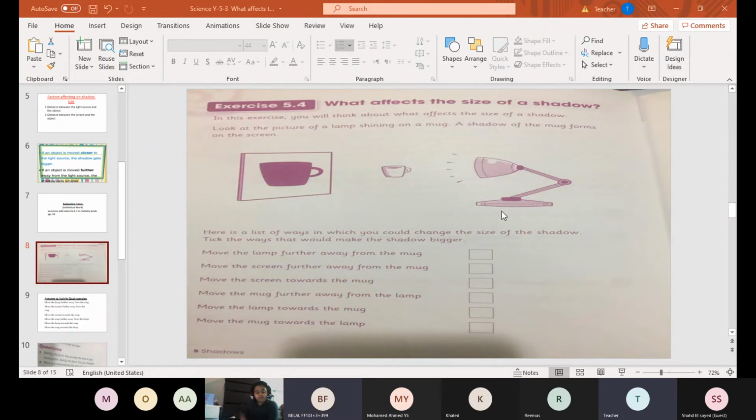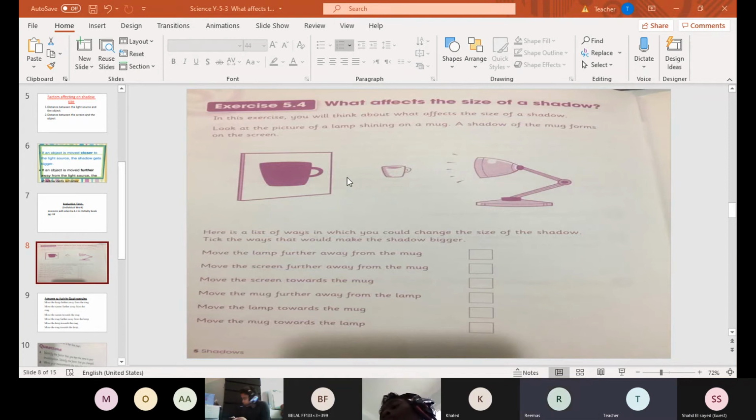So now we are solving question number 3. Khalid, Remas told me when she put her teddy bear near the wall, she got the smaller shadow, and then when she moved it further away, it became bigger. Can you please check again?